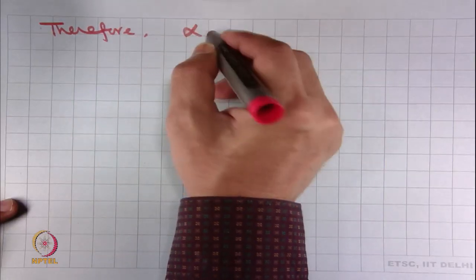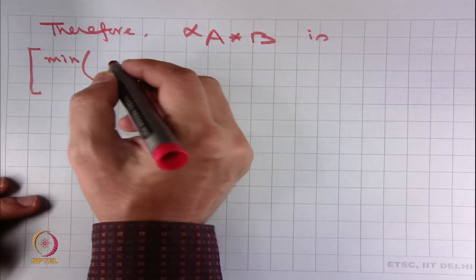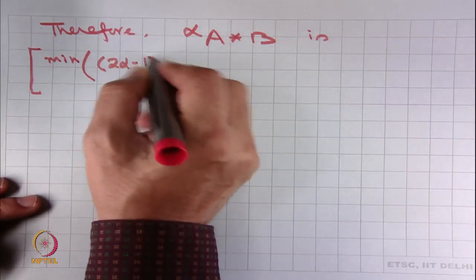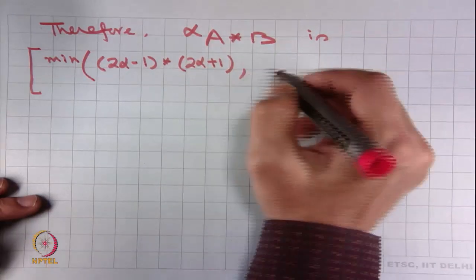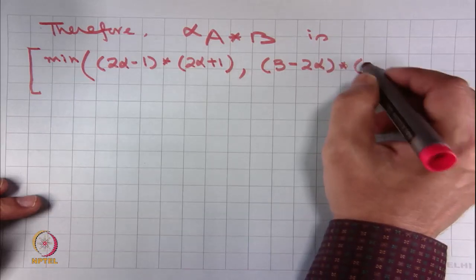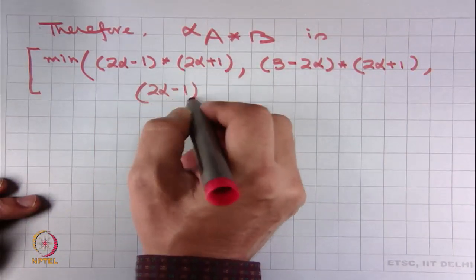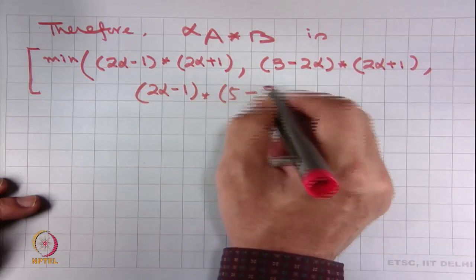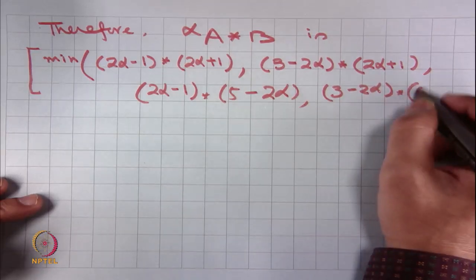Therefore, the alpha cut of A star B is the interval with lower limit the minimum of (2 alpha minus 1) star (2 alpha plus 1), (3 minus 2 alpha) multiplied by (2 alpha plus 1), (2 alpha minus 1) into (5 minus 2 alpha), and (3 minus 2 alpha) multiplied by (5 minus 2 alpha).